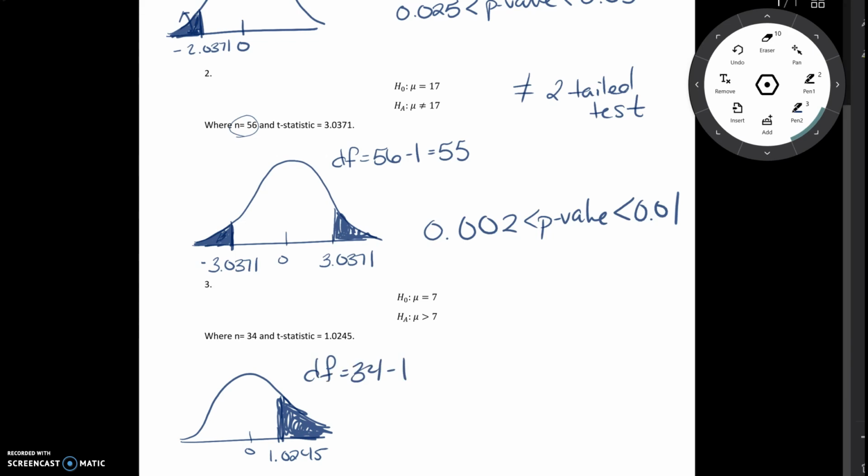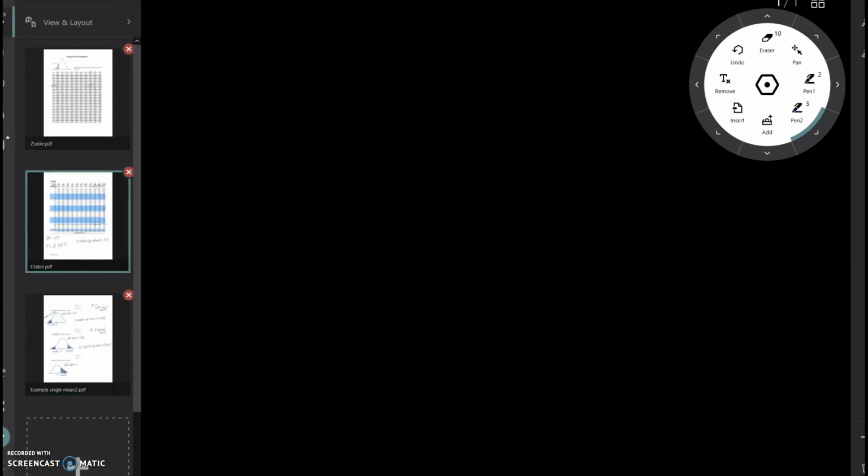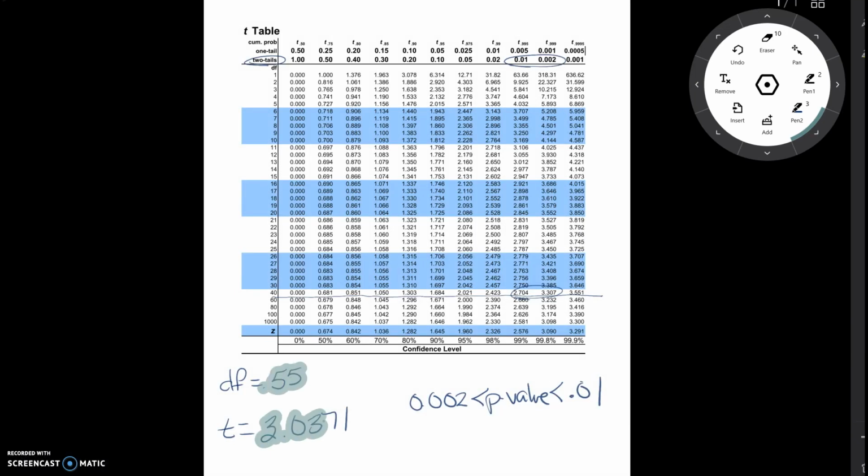So going over to my t-table, erasing what we had. My degrees of freedom are now 34.